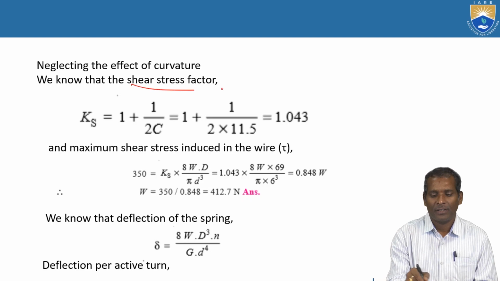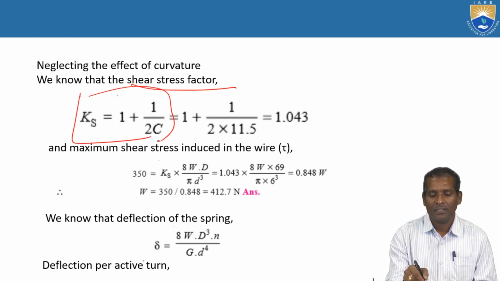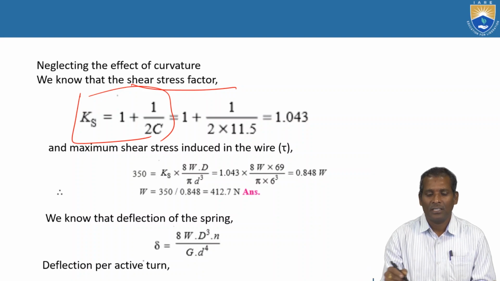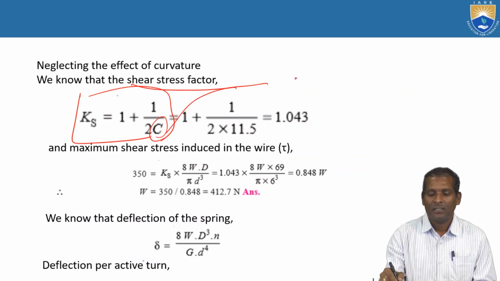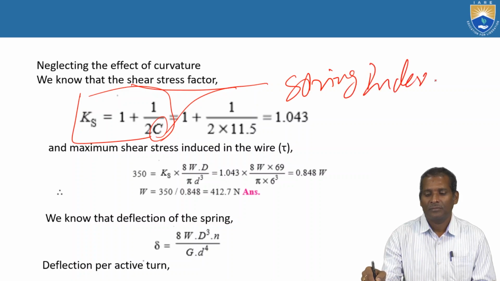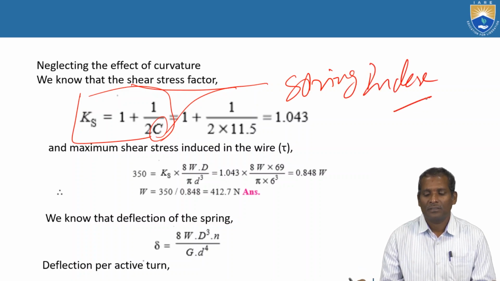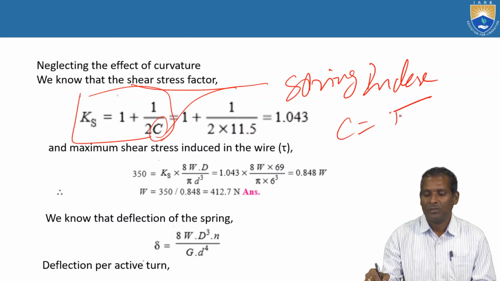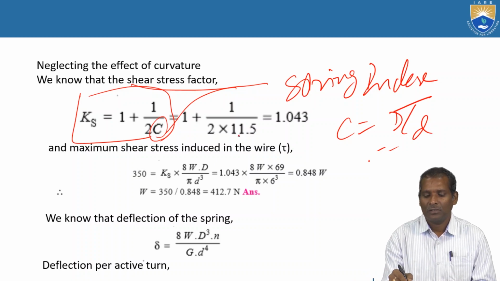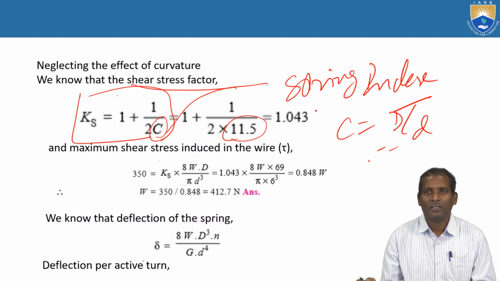The shear stress factor Ks is equal to 1 plus 1 by 2C. What is C here? C is the spring index, so C is equal to capital D by small d. Now substitute the above calculated value 11.5. So we will get the shear stress factor 1.03.